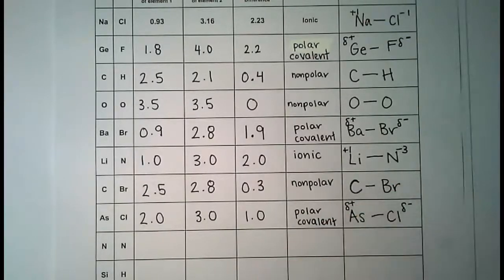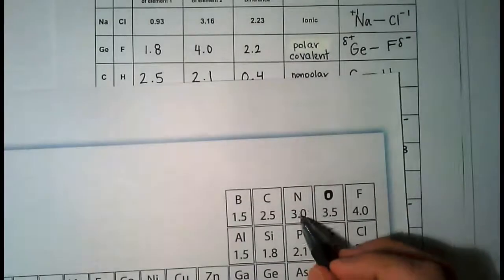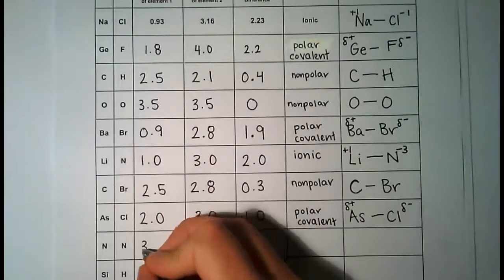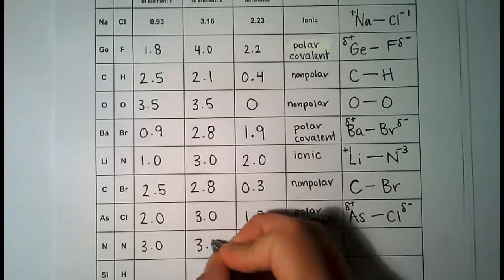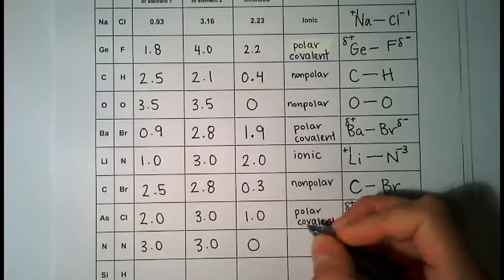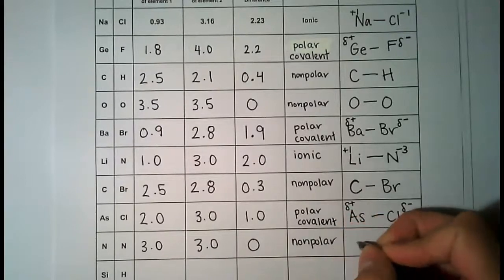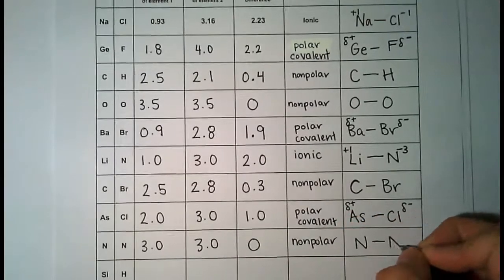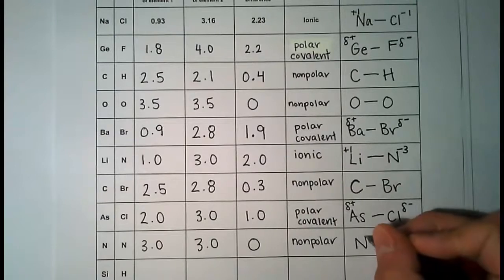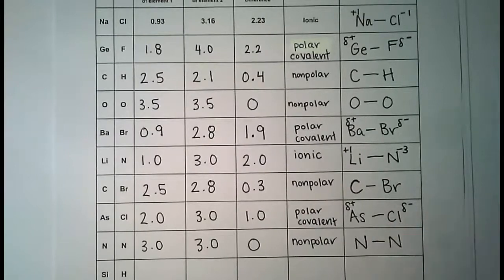Then we have nitrogen and nitrogen. Nitrogen's 3.0. 3.0 and 3.0 gives us a difference of 0, meaning that this is fully nonpolar. And then we're going to show our bond, which once again is not a single bond, but just go back and try and draw the Lewis structure yourself. And then last but not least, we have silicon and hydrogen.